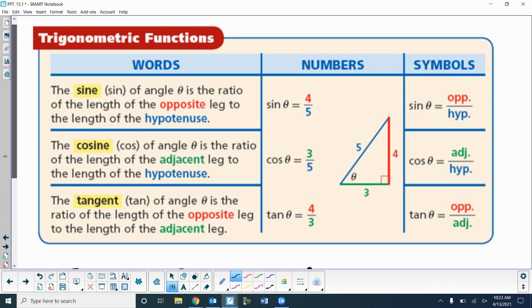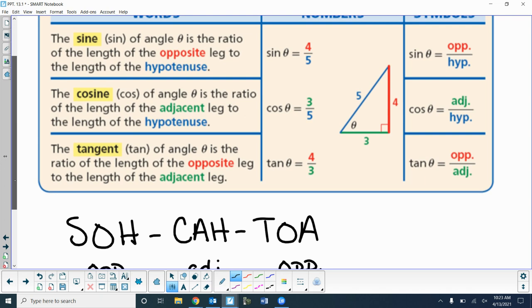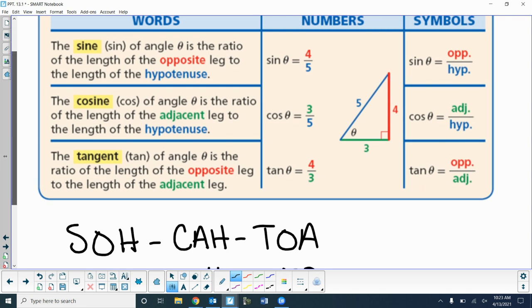The side that's not the hypotenuse is the adjacent side. Okay? So for sine, SOH, opposite side is 4 over hypotenuse is 5. Okay? So that's 4/5, that fraction.